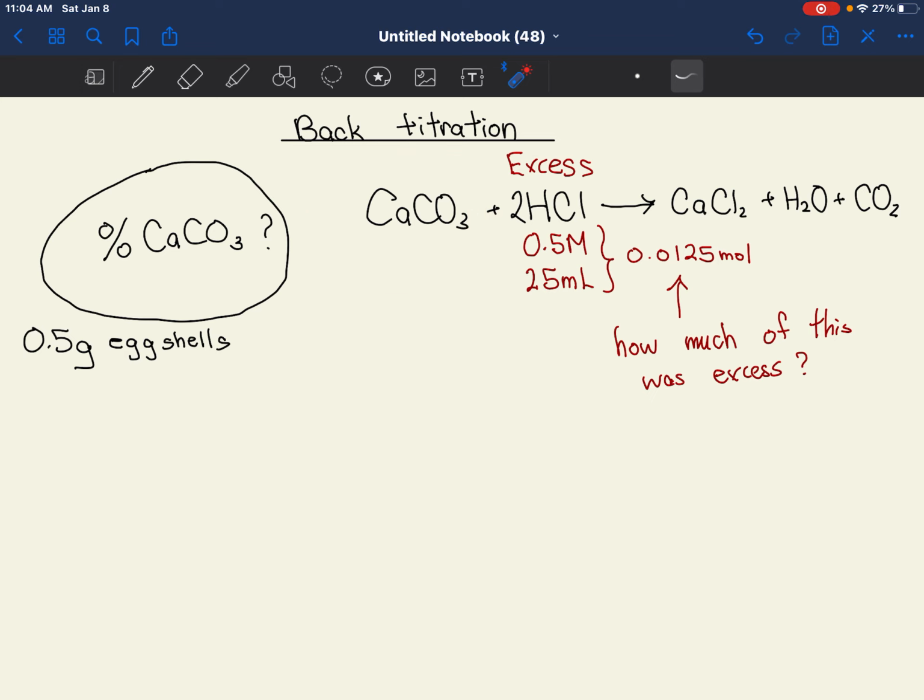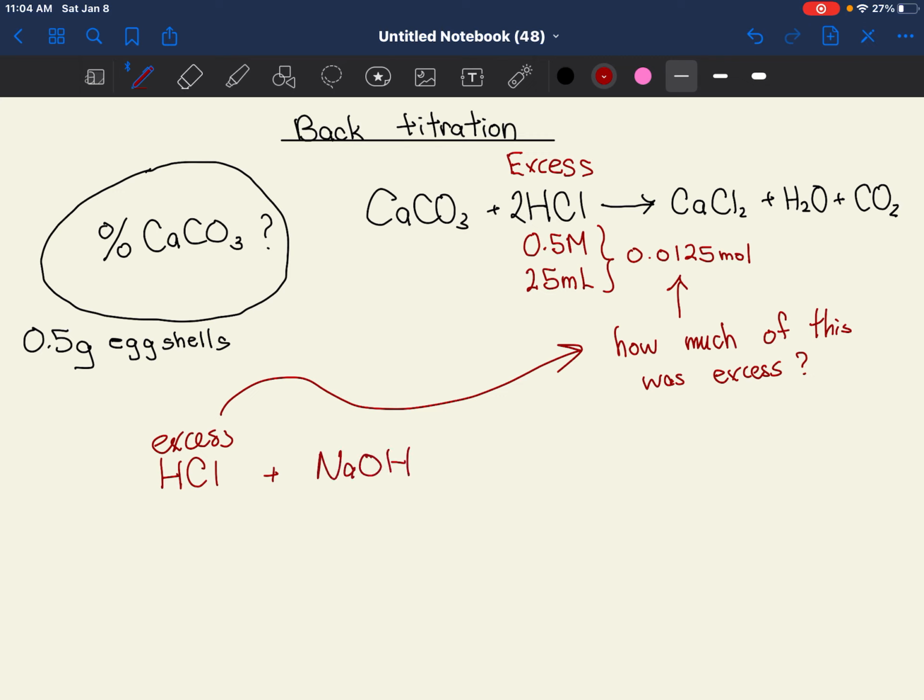So to do that, I will need to do a titration, because the excess HCl from here is going to react with a known concentration of NaOH that is going to be inside my burette, because the reaction will give me H2O and NaCl.